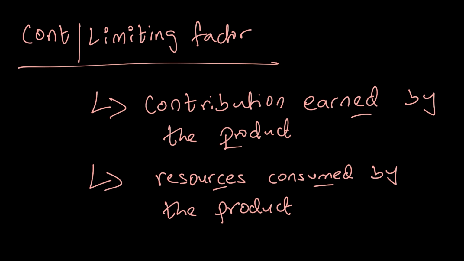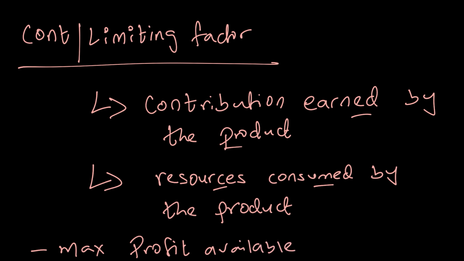And whatever plan we make according to this ranking should at the end of the day yield the maximum profit available. So your maximum profit will be based on this metric, which is called contribution per limiting factor.